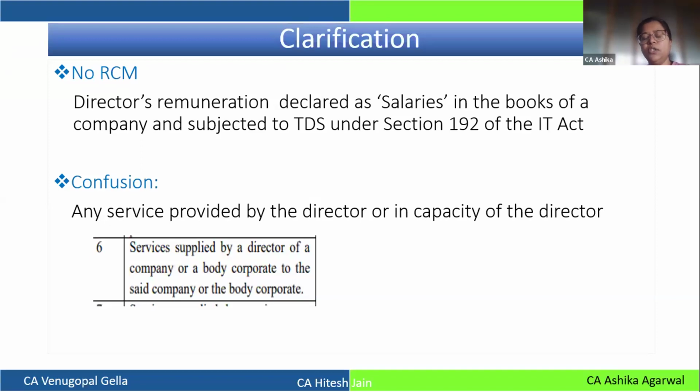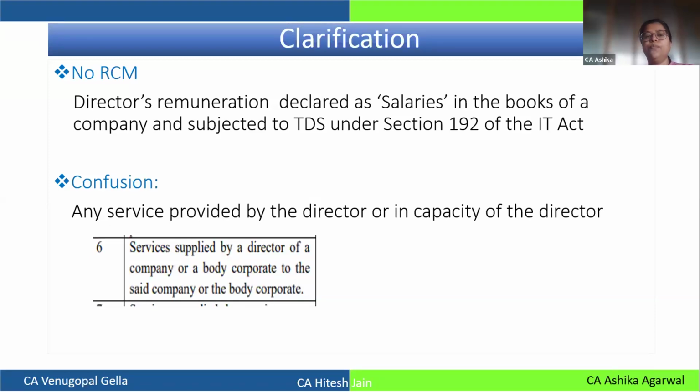Now over here, the dispute which was happening is whether it will be the service which is provided in the director capacity or it will cover all the service which is provided by the director. Now, not recently, but by way of Circular 201, the government has clarified that only the services which are provided in the capacity of the director are what is covered under RCM, not what has been provided in personal capacity.